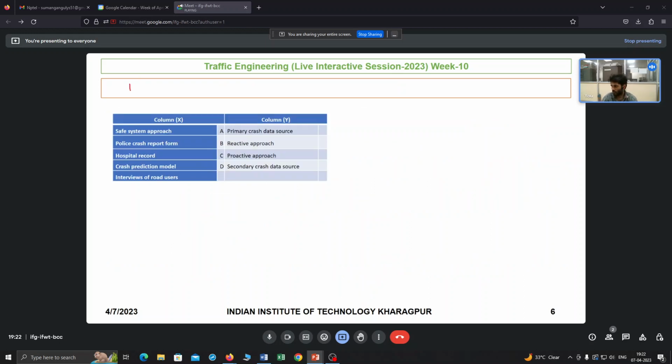This is a match, which is obvious. Okay. So safe system approach, hospital record, crash prediction model. This obviously is a reactive approach. Interview is obviously a proactive approach. Hospital record is obviously a secondary database. Police crash report is a primary database. Safe system approach is what kind of approach?